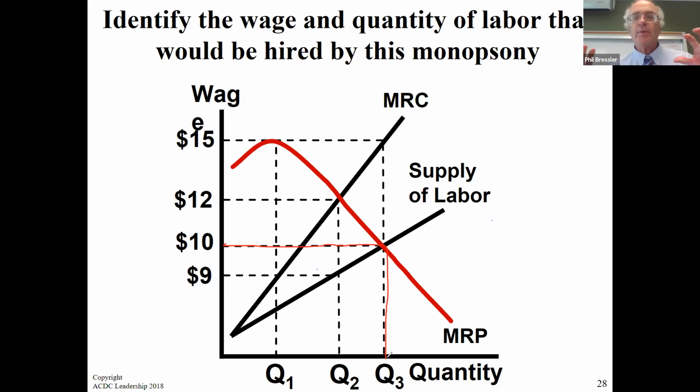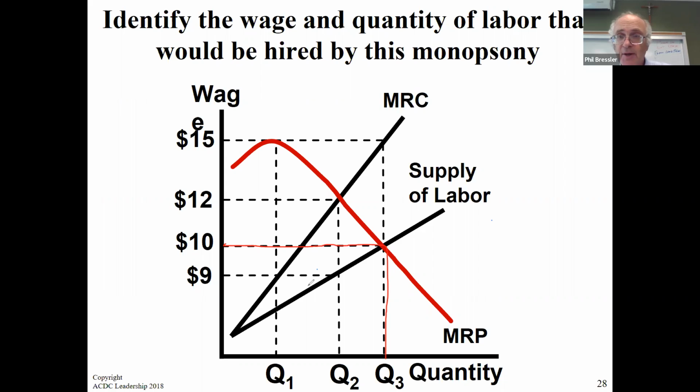So let's do a quick recap. MRC equals MRP down to supply. That is your normal wage, right? $9, Q2. You can negotiate as a union up to where MRC equals MRP without losing any jobs. And then the third thing is the minimum wage.